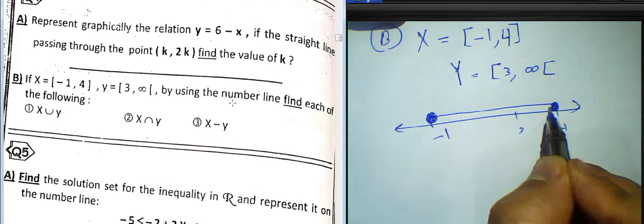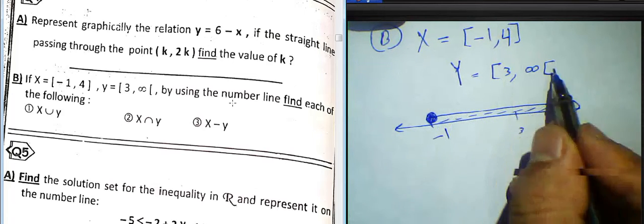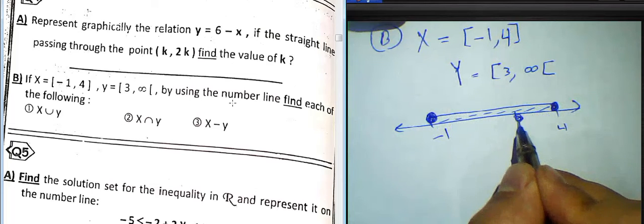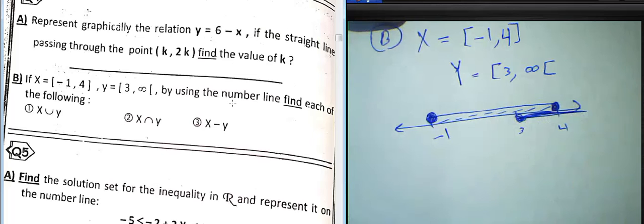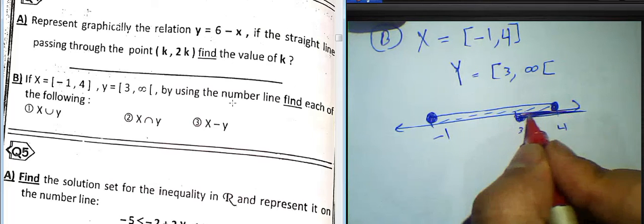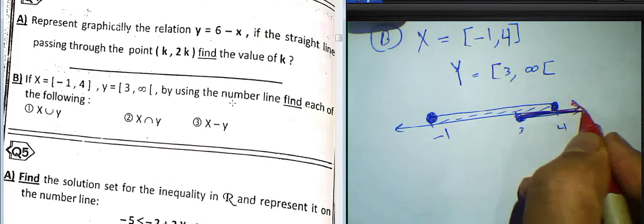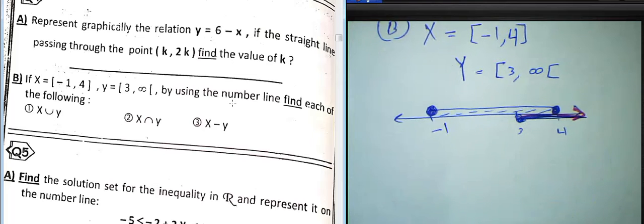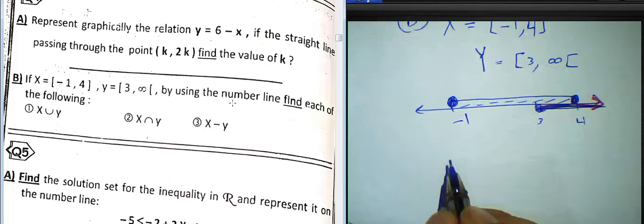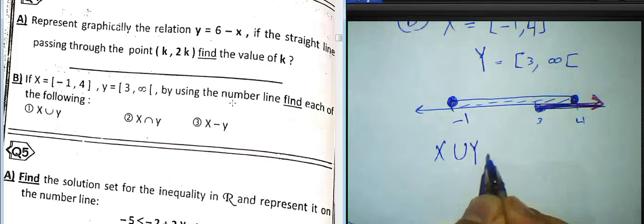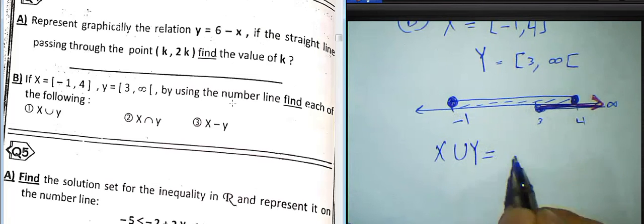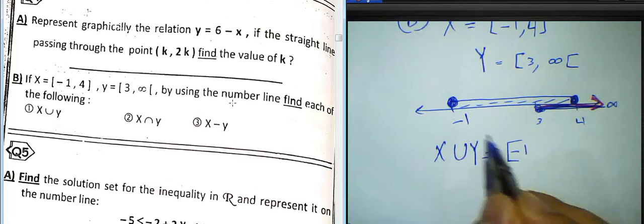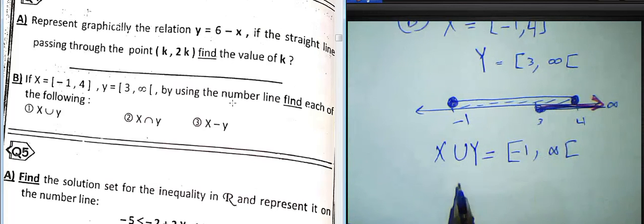And 3 to infinity, 3 closed here to infinity. Okay, understood what I'm doing here? Okay, first he asked about x union y, from left hand side to right hand side: from negative 1 closed to infinity open.